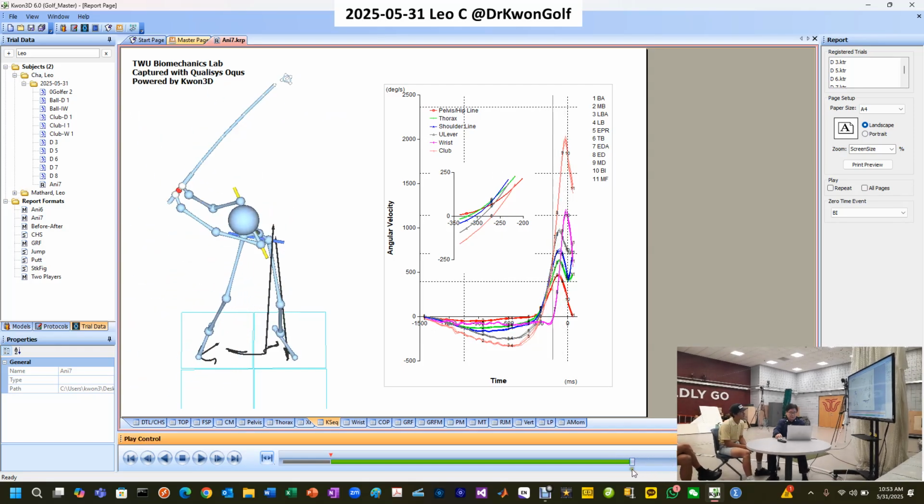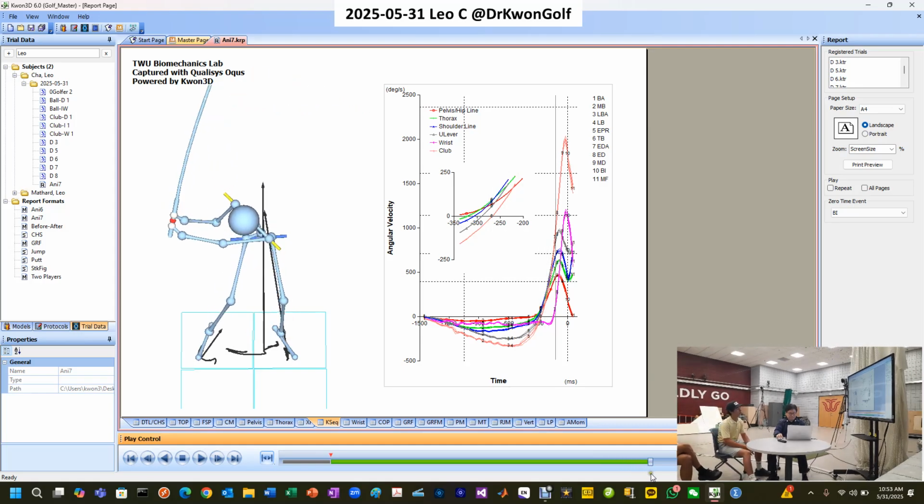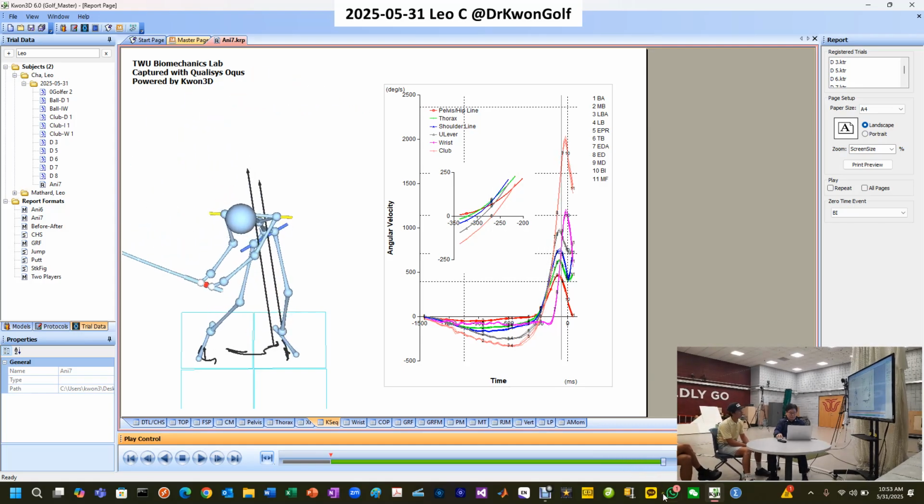Another aspect is if we look at this on the swing plane here. Your elbow is coming in too much here. Too much. You keep dragging.